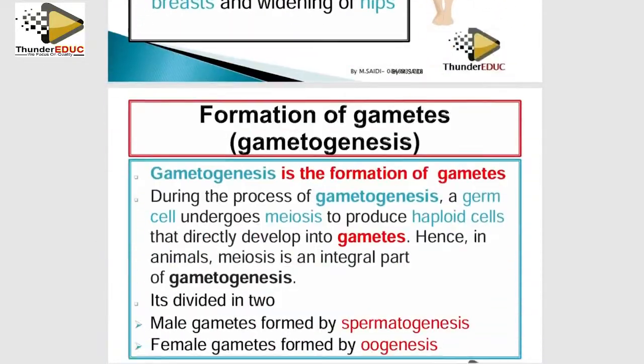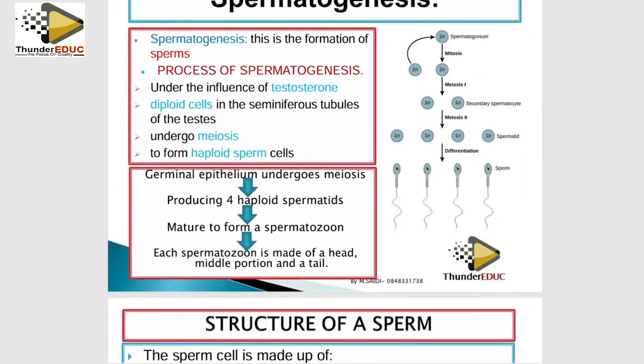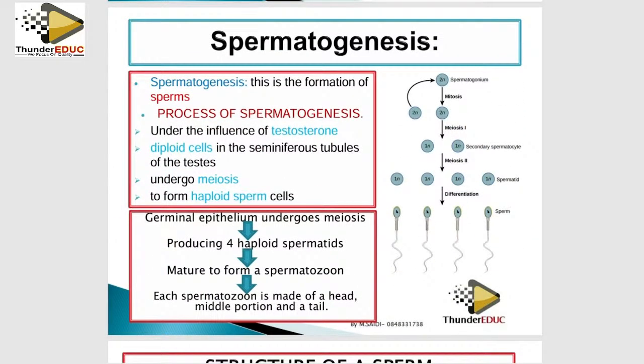This is what I told you, that when it comes to spermatogenesis, you just write this. So basically what they want, they said name, so basically it is spermatogenesis. That's the first thing you give. Then after that you say under the influence of testosterone, the diploid cells in the seminiferous tubes undergo meiosis to form haploid cells, or to form 4 haploid sperm cells.